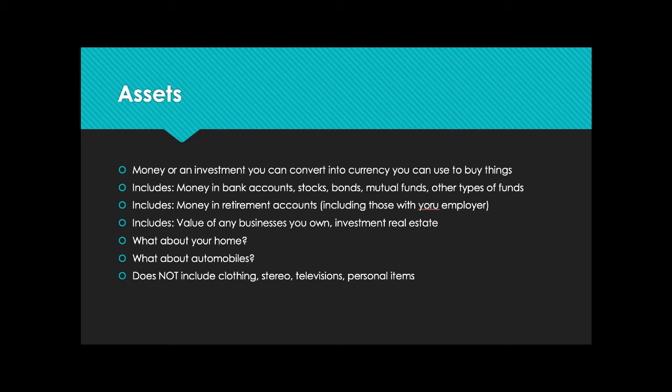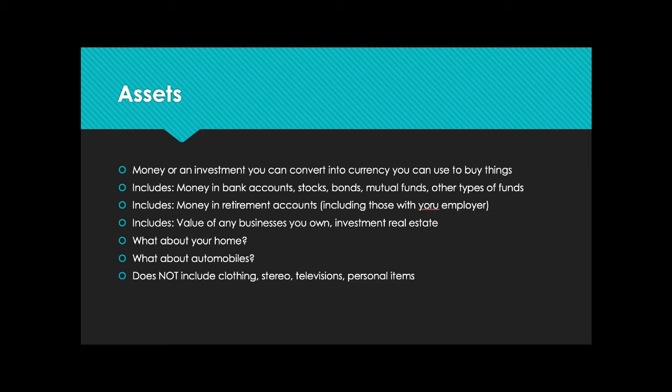Now, some questions might come up. If you own a home, should you include your home as an asset in your financial asset calculation? And the answer is yes, you might choose to do that. Of course, that also means if you owe a mortgage, you would have to include the liability, the mortgage balance, in your liabilities. However, one of the things that's pointed out when we ask these kinds of questions, I know in your textbook it demonstrates including your home and the mortgage as an asset and a liability, respectively.